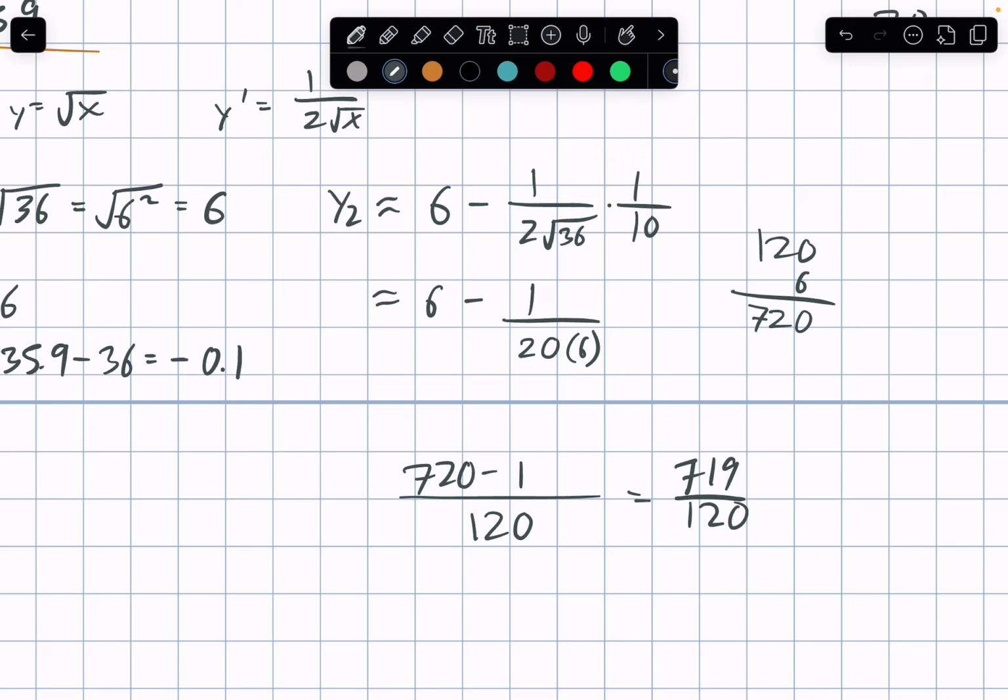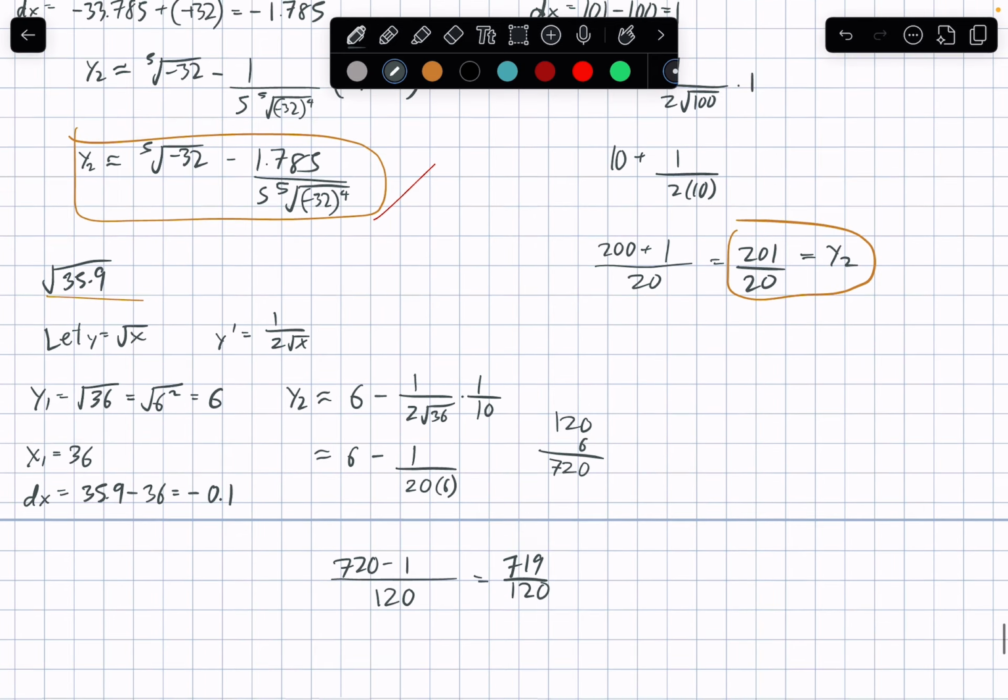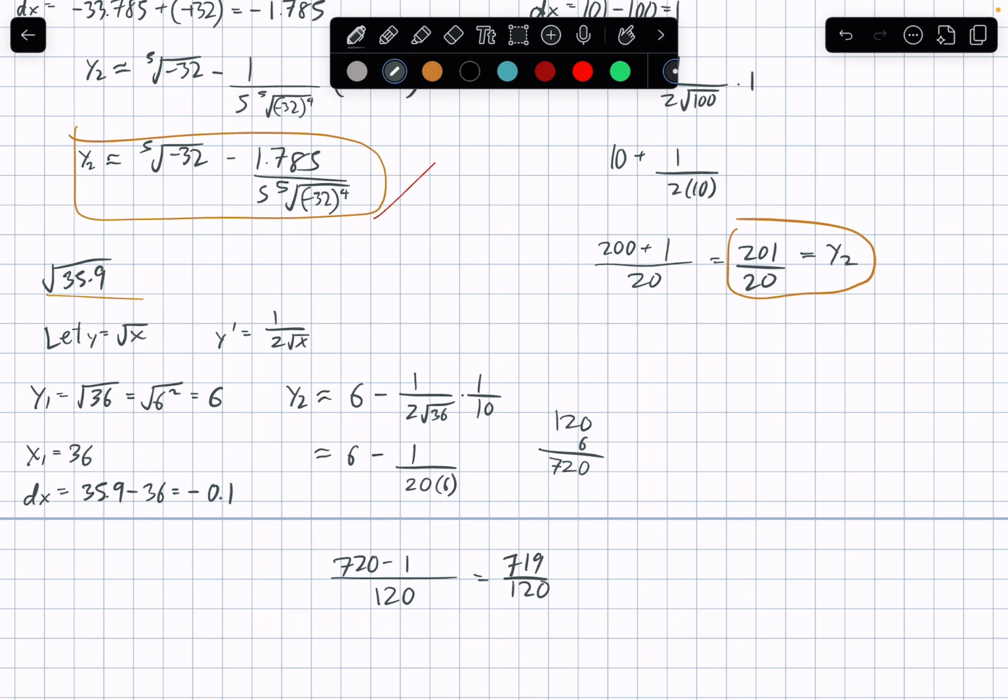Am I in the right path? Let's check using my calculator. Only for this question, because I don't have my answer in the solution paper for some reason.